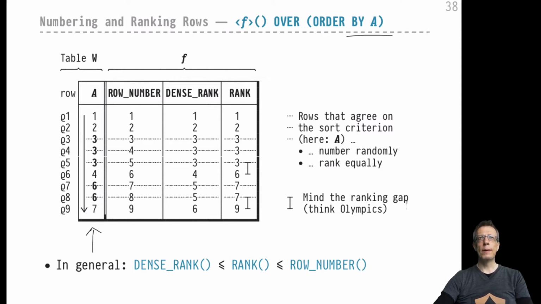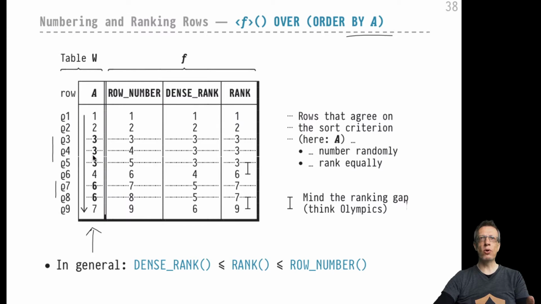Okay. As you can see, there are some rows here, row 3, row 4, row 5, these guys, or these two rows, row 7 and row 8, they agree on their A value, so there is no well-defined ordering regarding the ordering criterion A. What you will get as a row numbering is random, in a sense that any of these three rows could have been the row with row number 3, 4, and 5.